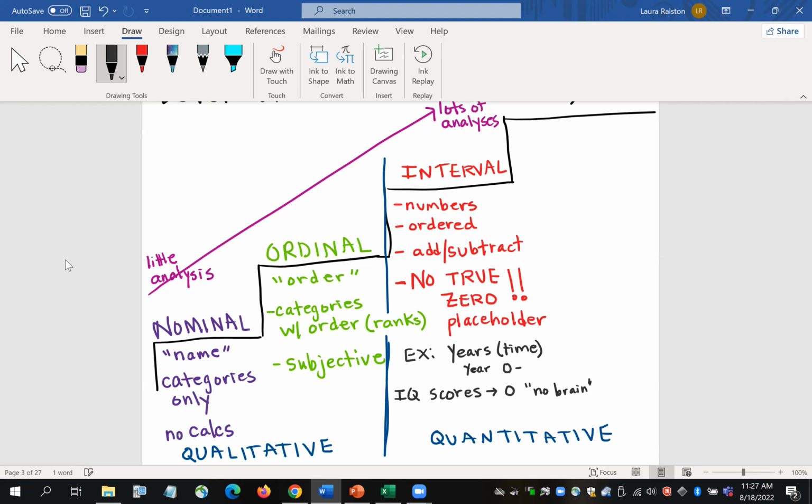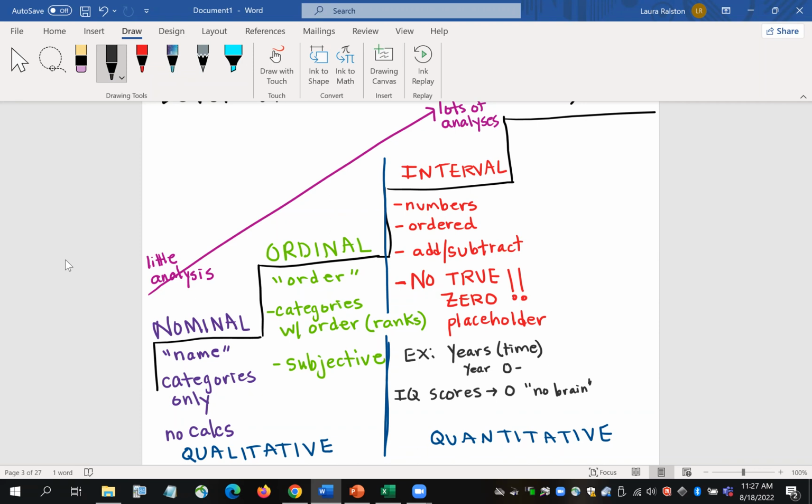That's crazy to say that I have no brain because I scored 0. It either means that I'm not very smart, or I haven't taken the test yet, or I just didn't do well. Okay, it doesn't mean that I have no brain. That 0, again, is where we simply start the measurement scale.